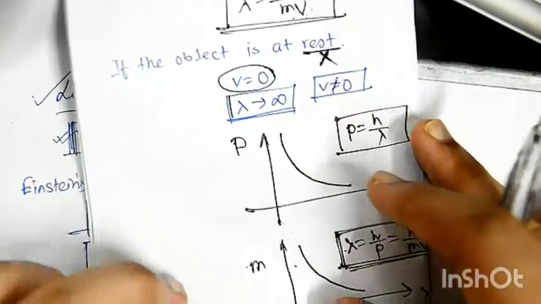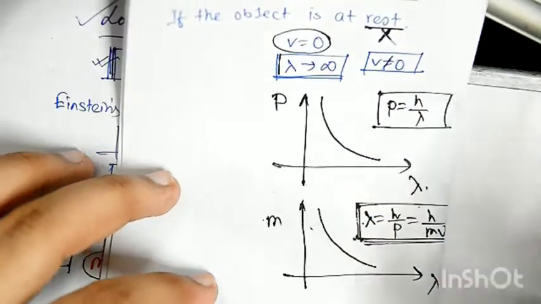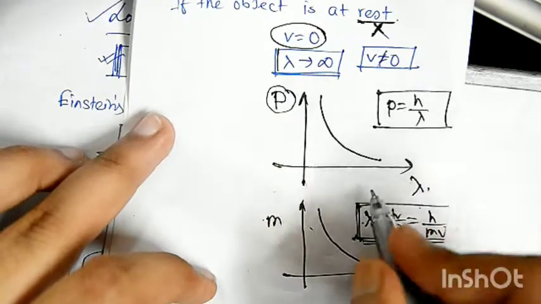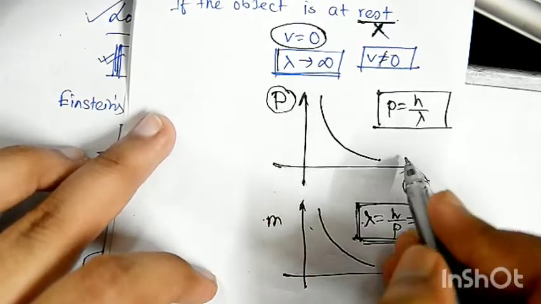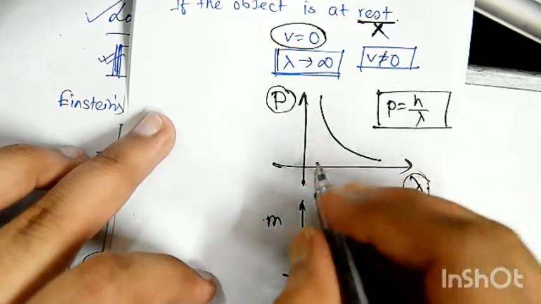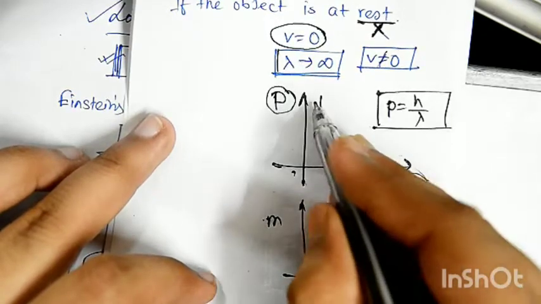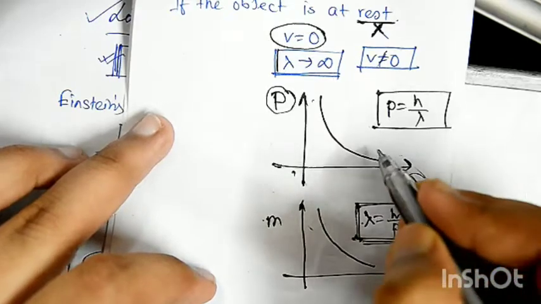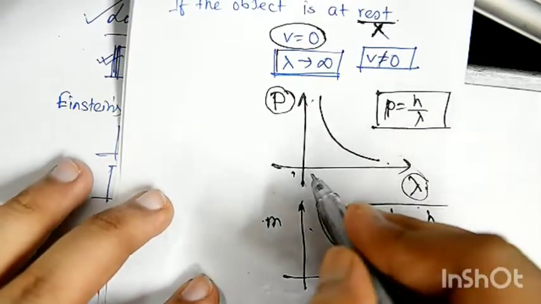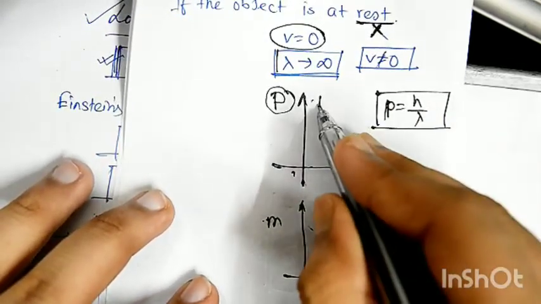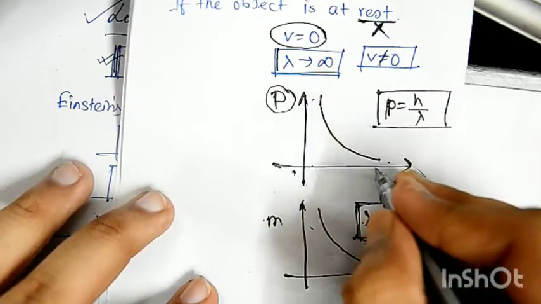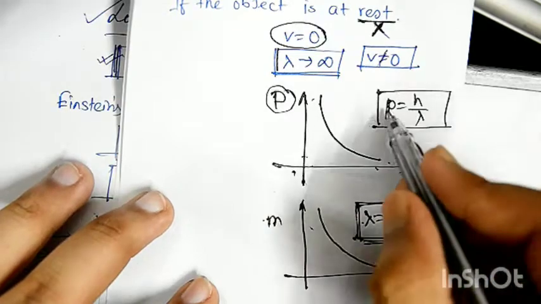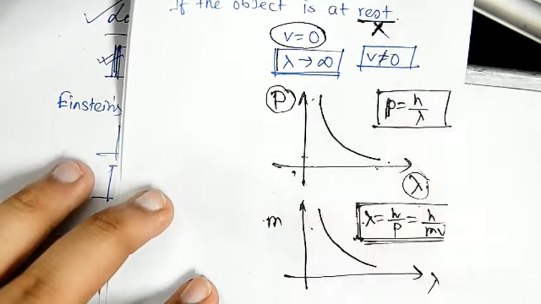The velocity must be greater than 0 to acquire any value for matter waves. And one more important thing is that if we plot their nature in graphs, it comes out like this. Here I have plotted momentum p with wavelength lambda. The graph is like this. For 0 momentum and these higher cases, we can see it is an inversely proportional graph. When lambda is smaller, the value of p is very high, and when lambda is larger, the value of p is very small, because of the inversely proportional relation.